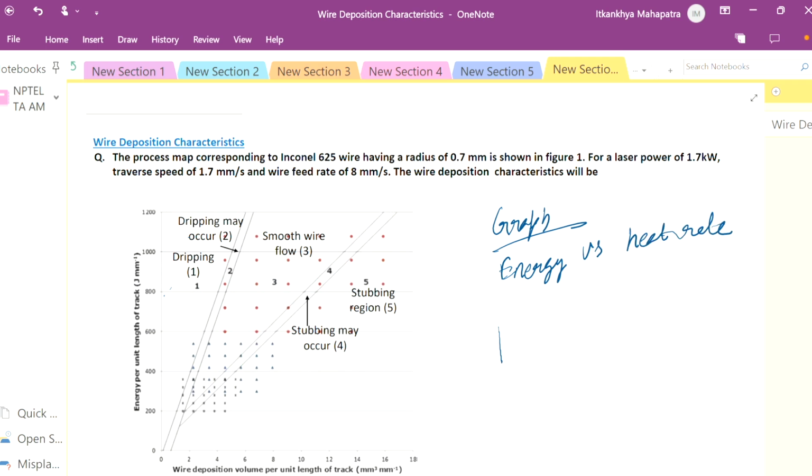Now you will see that we have 4 conditions. In the first case, your energy is high while your feed rate is less. Feed rate is in meter cube per mm.